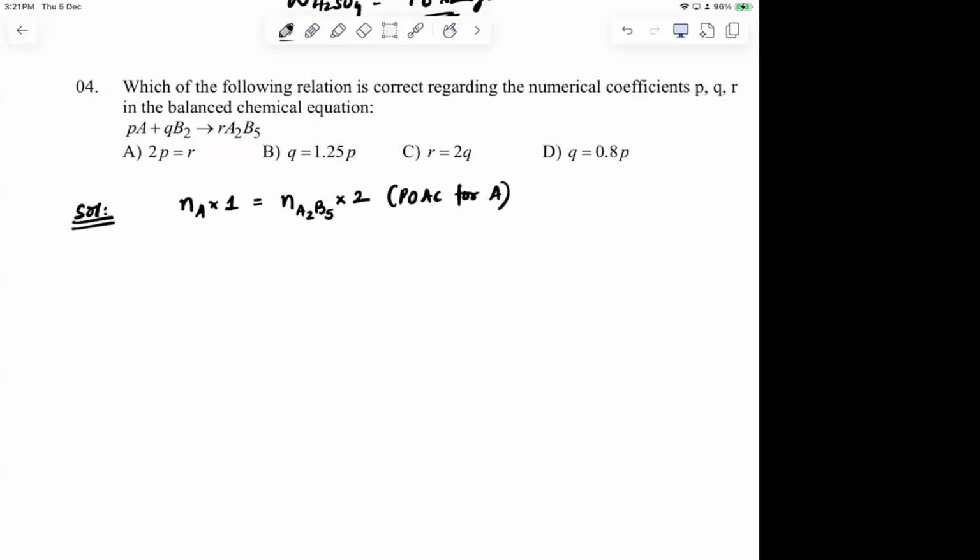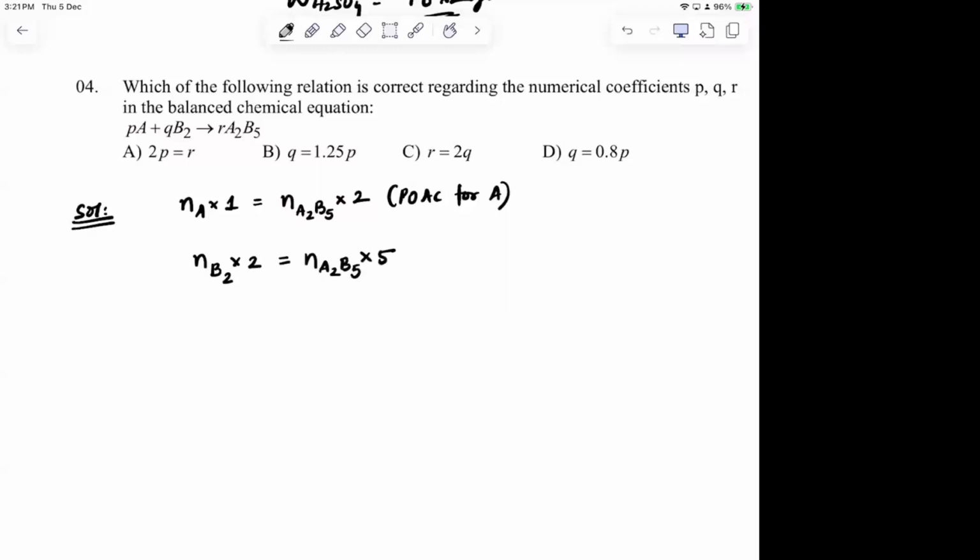Similarly, if you apply POAC for B, what do I get? The number of moles of B2 into 2 must be equal to the number of moles of A2B5 into 5. That should be the case here.